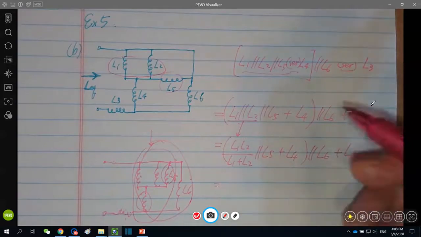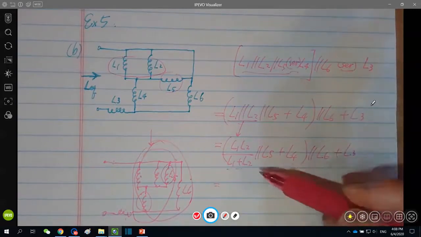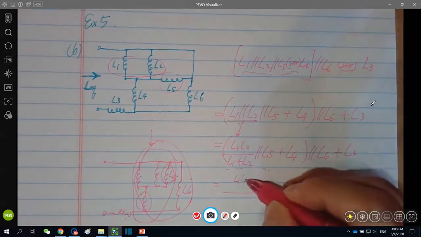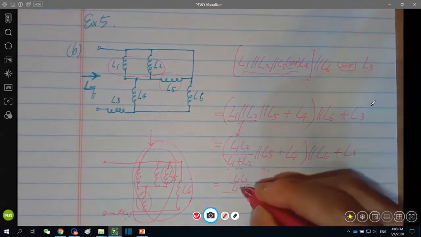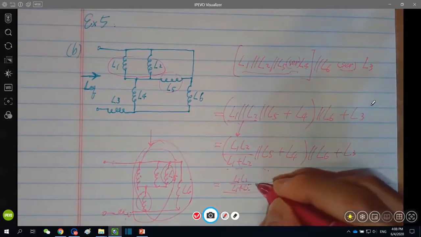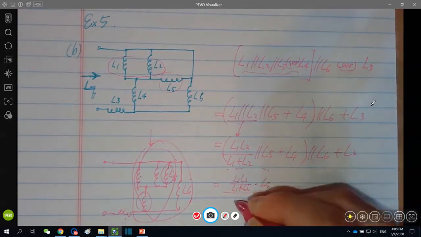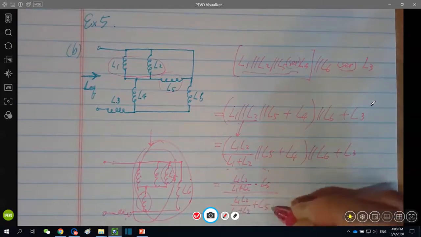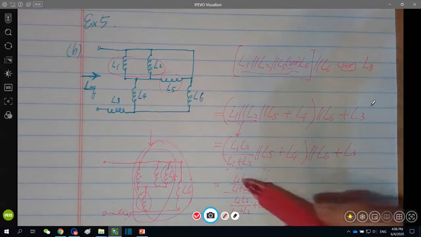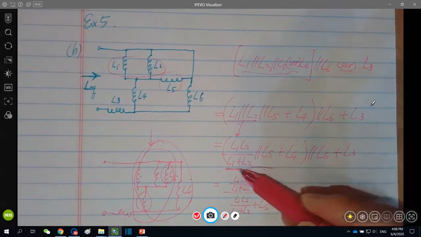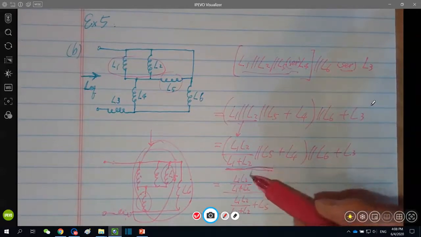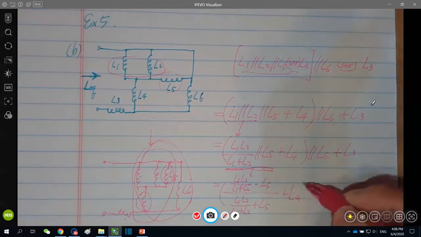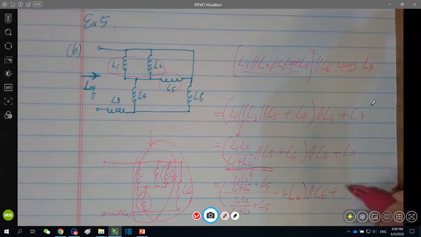You end up with L1 L2 over L1 plus L2, times L5, over L1 L2 over L1 plus L2, plus L5. This is the parallel between these two, plus L4, and then parallel with L6 plus L3.